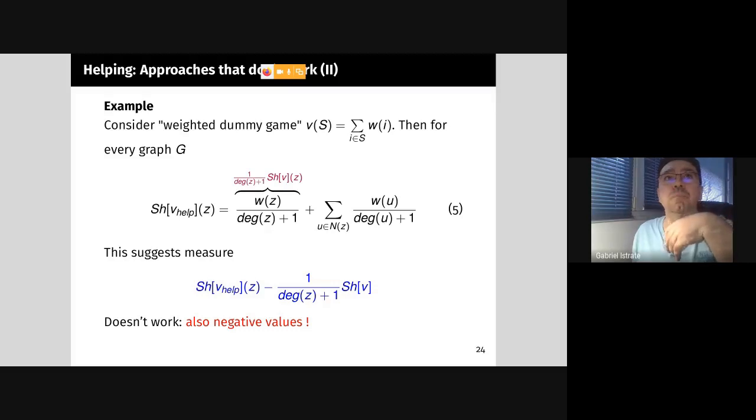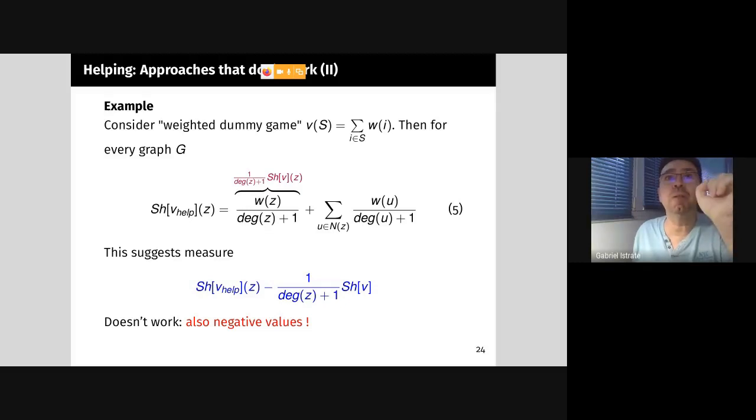Another idea which doesn't work starts from the simplest game you could consider. Each player has some weight, and the value of the coalition is the sum of weights of the players in that coalition. If I compute the Shapley value of the helping extension of this game, then I get a formula which is not important, but it's important in the following sense.